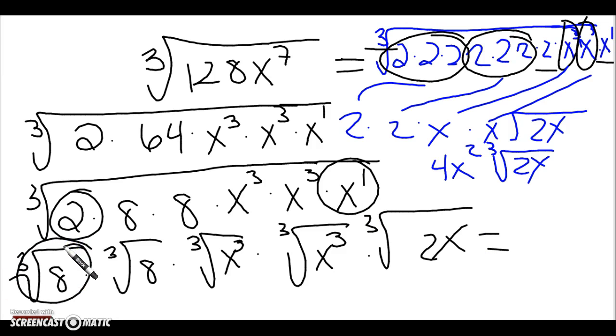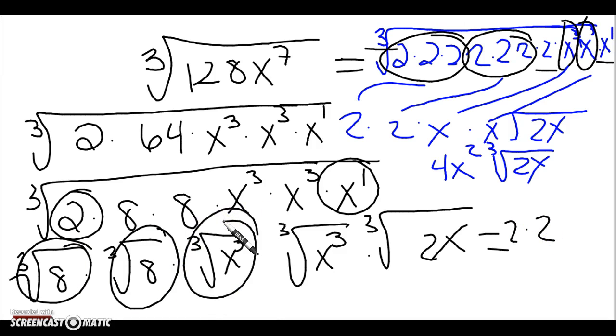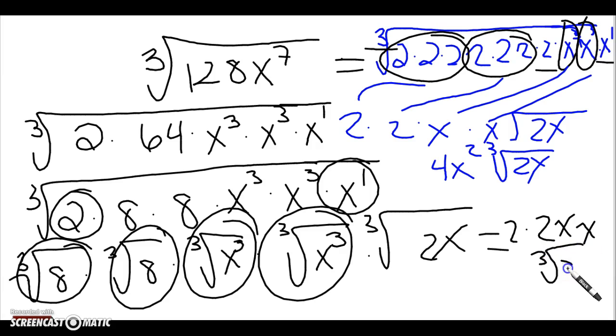The cube root of 8 is 2 times the cube root of 8 is 2 times the cube root of x to the 3rd is x times the cube root of x to the 3rd is x. And then I'm left with, I'm sorry I ran out of space, the cube root of 2x. So if I multiply this out, I get 4x squared times the cube root of 2x. I hope this helps.